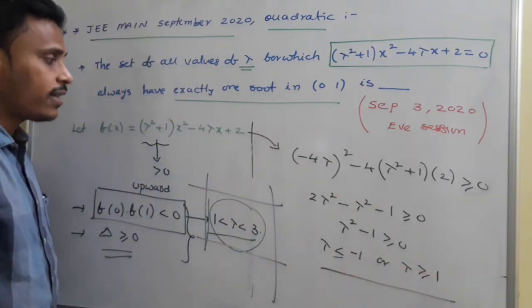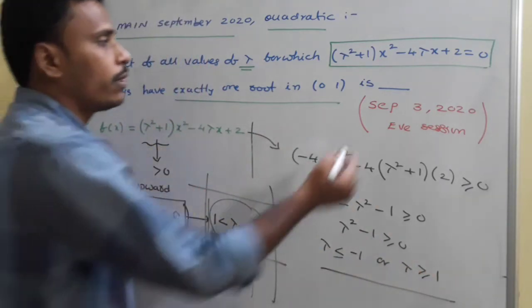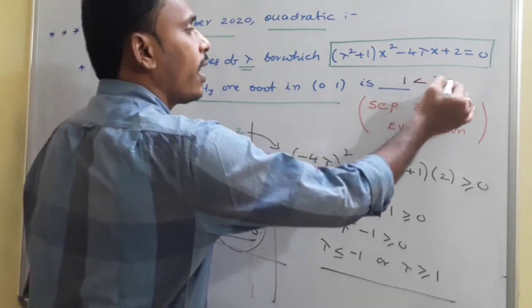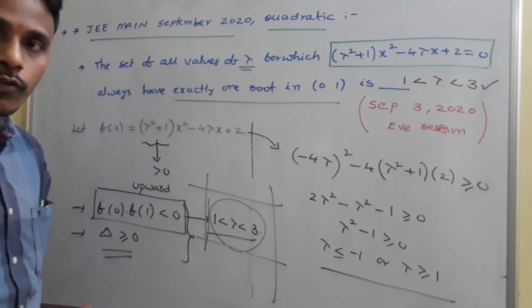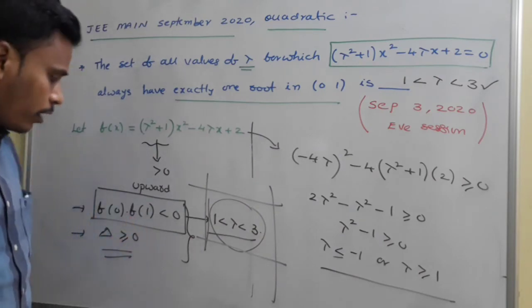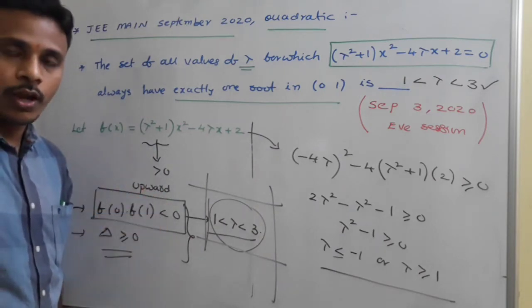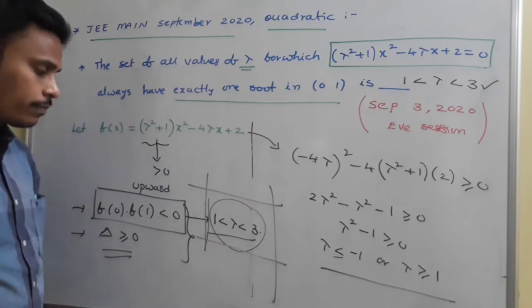And at the end the final solution for this problem is 1 less than lambda less than 3. Okay, the problem comes under location of roots and the problem is somewhat simple if you analyze the question easily.